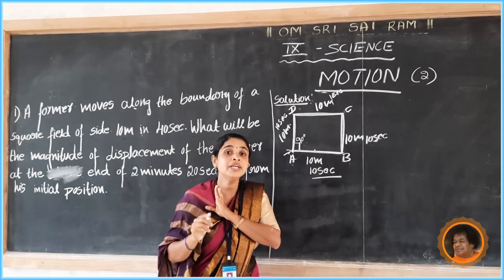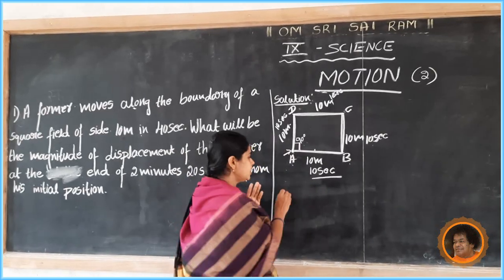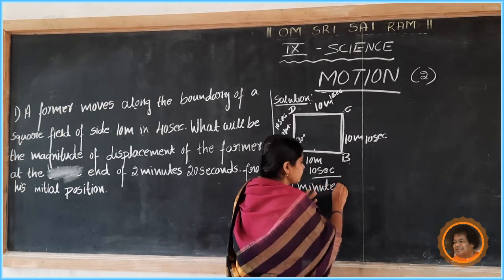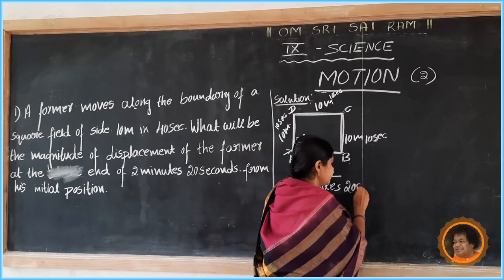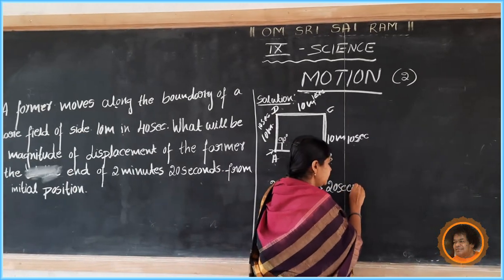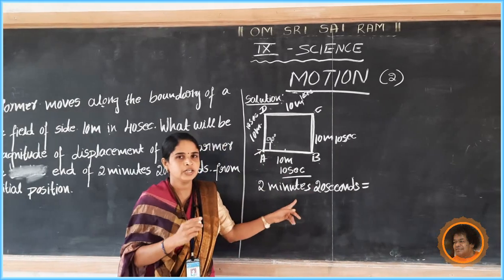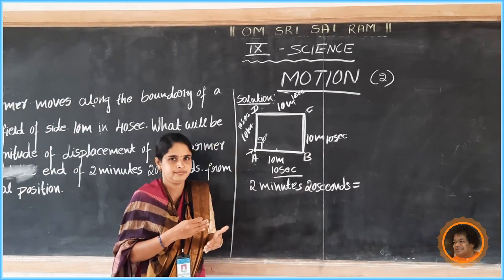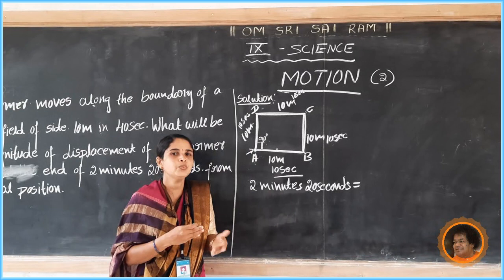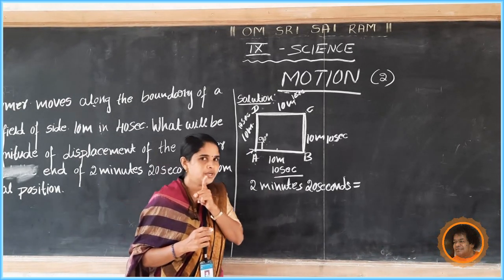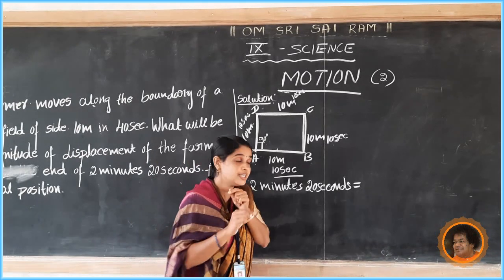First convert the time, 2 minutes 20 seconds, into seconds. We know that 1 minute equals 60 seconds.